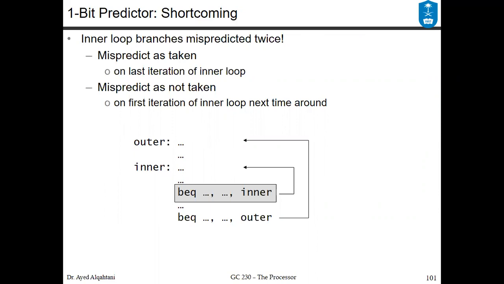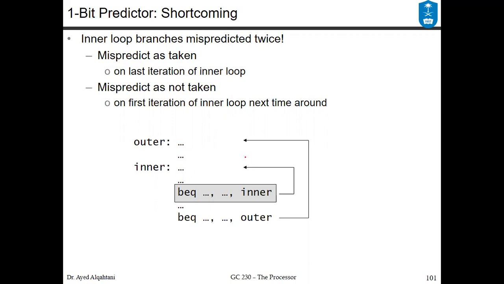If you have 2 nested loops, where you have an inner and an outer loop, the inner loop branch is actually mispredicted 2 times, one after the other. How? First, you mispredict as taken on the last iteration of the inner loop.